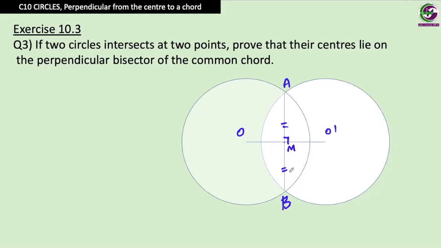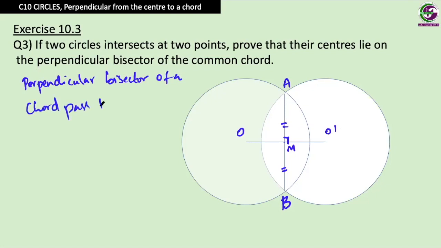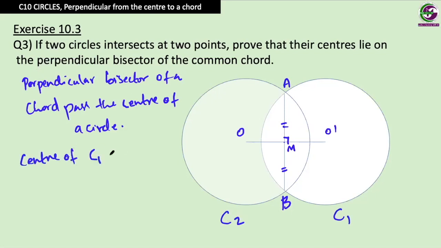So we have to show that the center is on O dash. We have proved by theorem that the perpendicular bisector of a chord passes through the center of a circle. This is C1 and C2. The center of C1 will be on the line MO dash.